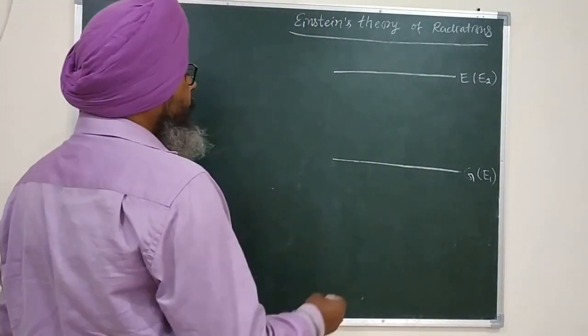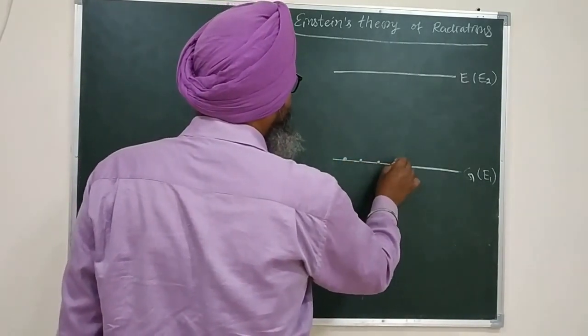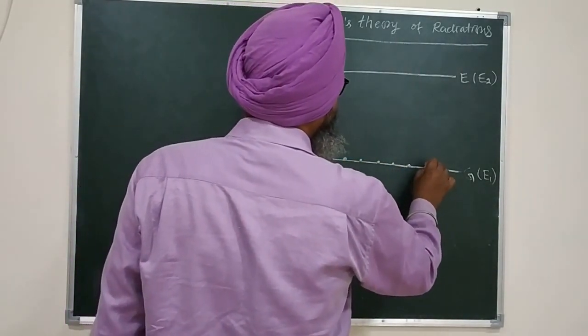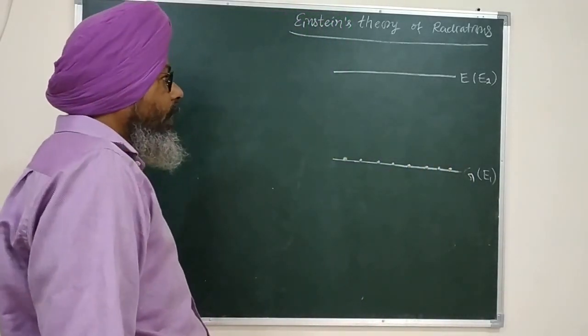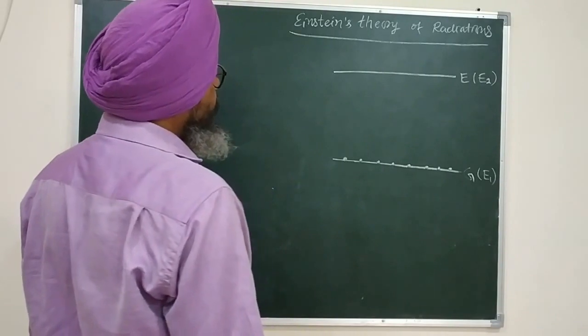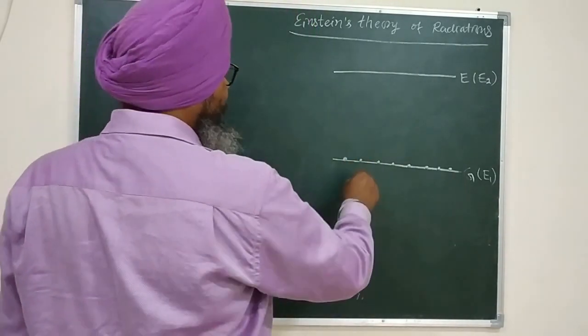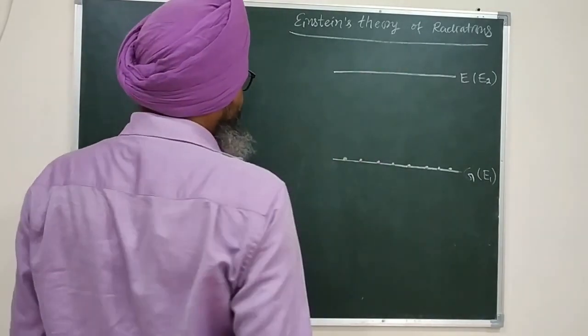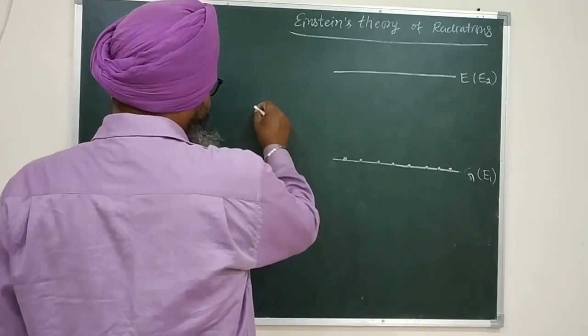Now there are many electrons in the ground level, and we want to excite these electrons from the ground level to the excited level. For that we need energy.